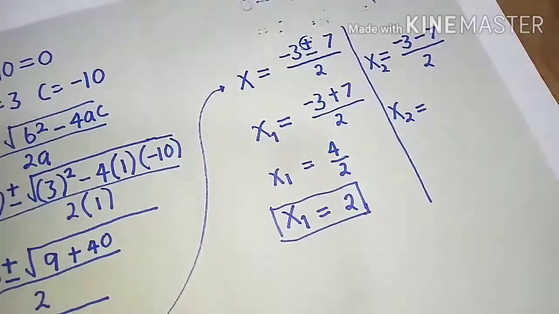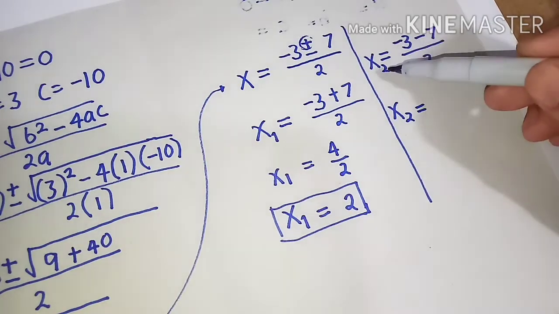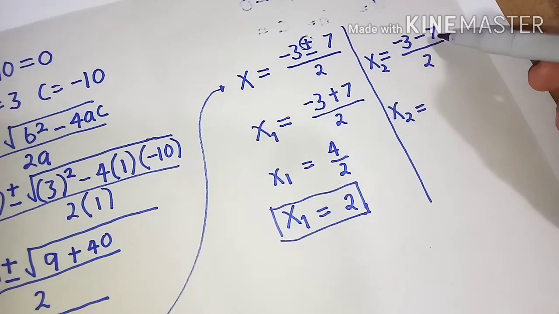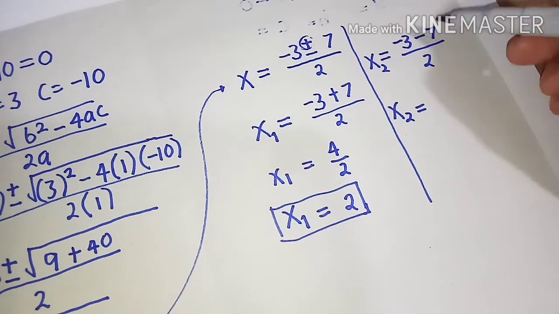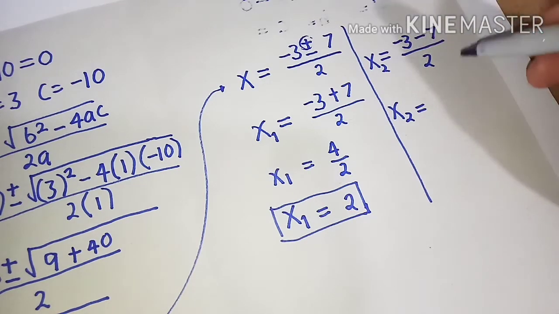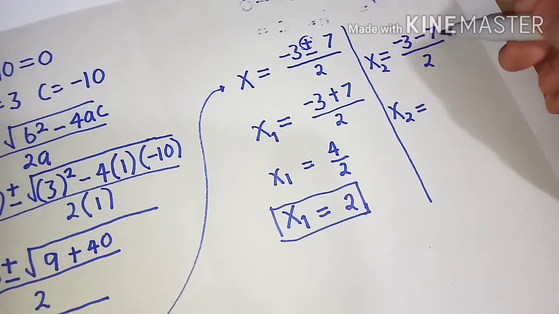Now, our x sub 2 equals negative 3 minus 7 divided by 2. According to the rule of signed numbers in subtraction, change the sign of the subtrahend, then proceed to the rule of addition. We have here negative 3 minus 7, so we need to get the sum of this. That becomes 10, that is negative 10, because 7 is bigger than 3, so the sign is negative.